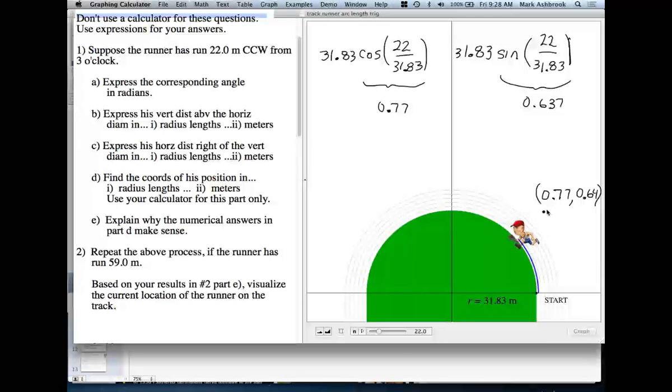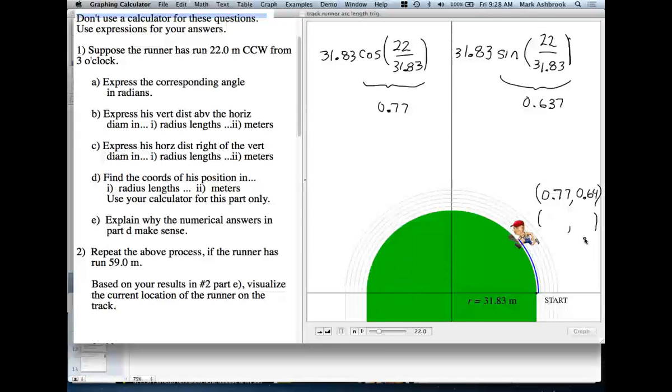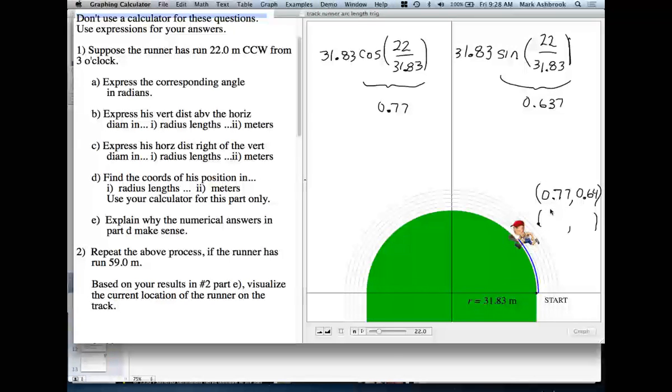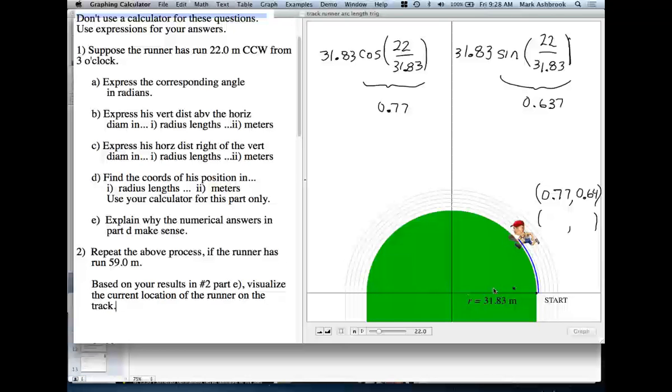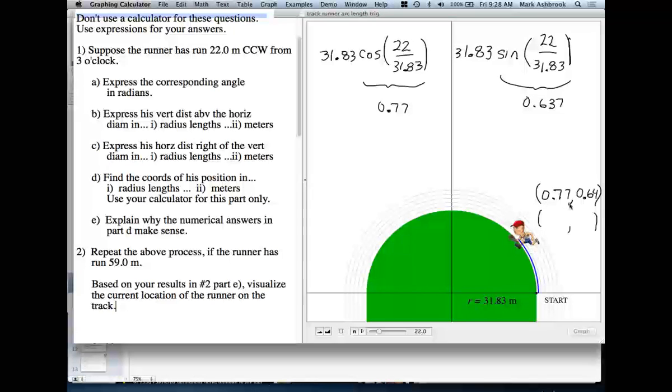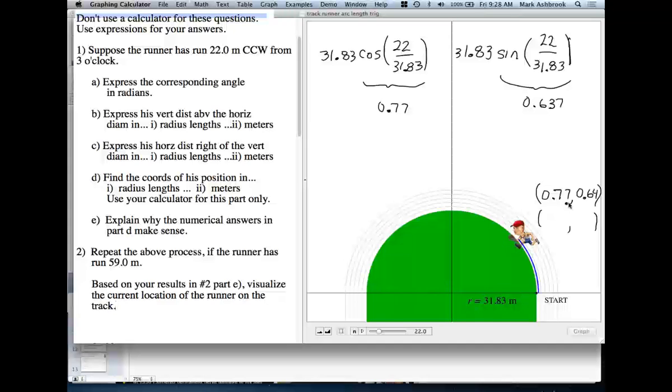Okay, so now what about in meters? Did you get estimates in meters? So how do we get meters? Abdulaziz, did you get meters for these coordinates? We got it in radius lengths, that's 0.77 radius lengths. How would we get that horizontal distance from the vertical diameter in meters?